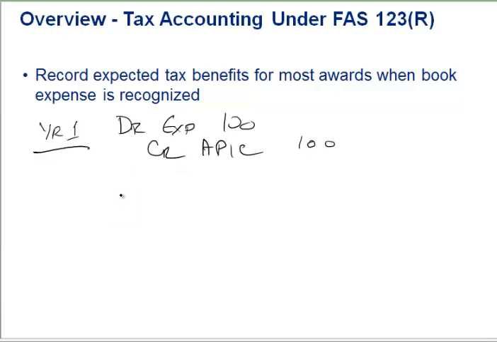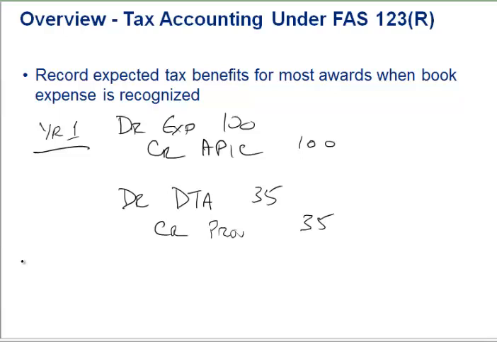So the tax entry, to basically follow through on what this bullet said, is you need to book the tax benefit for most awards when the expense is recognized. So we're going to say debit DTA for 35, credit provision for 35.